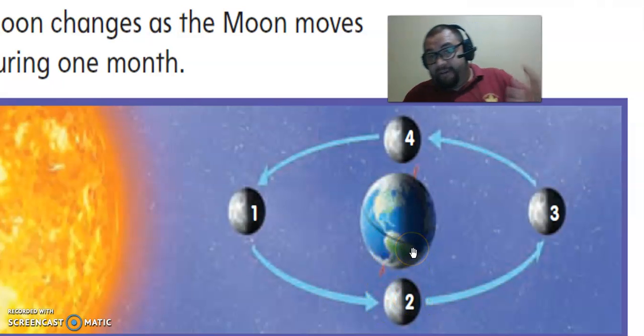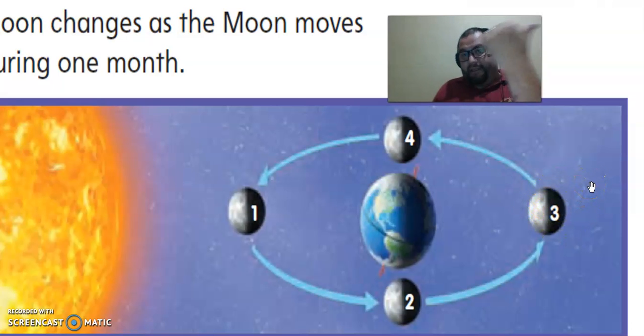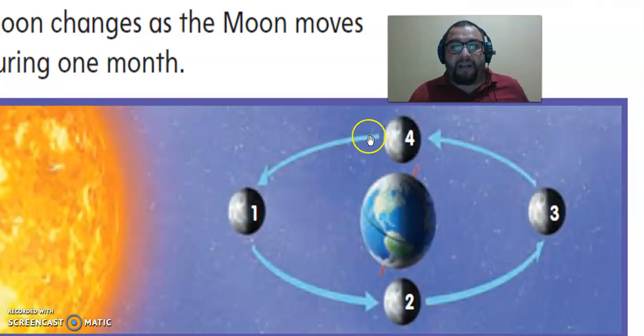So this is another phase of the moon. This is the opposite of this. We see the light, and in the other part it is dark. And number 4 is half light, half dark.